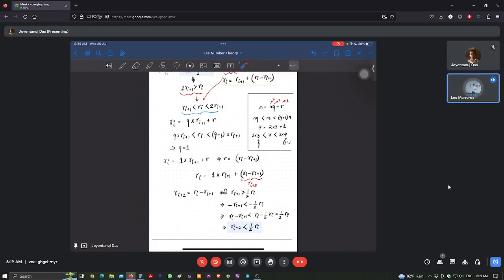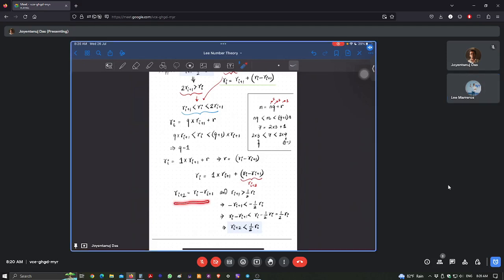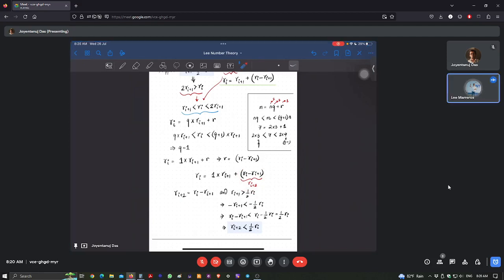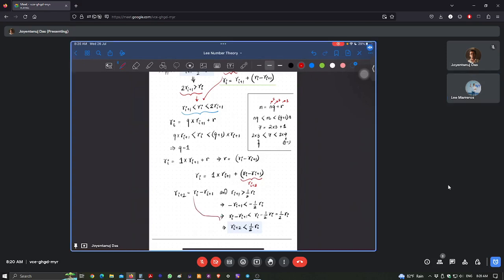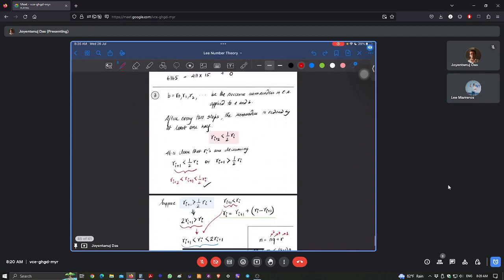How come that is Ri plus 2? This is what we found out: Ri plus 2 is nothing but Ri minus Ri plus 1. So we arrive at the conclusion that Ri plus 2 is less than half of Ri, and that is what we wanted to show.